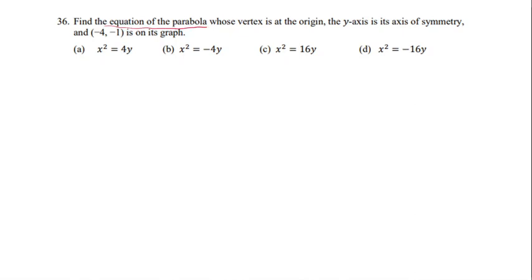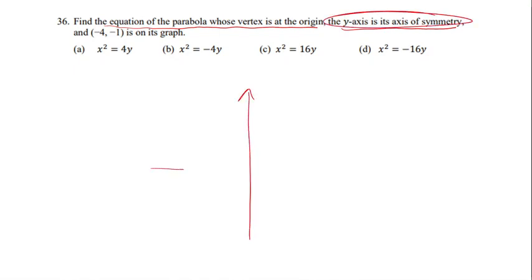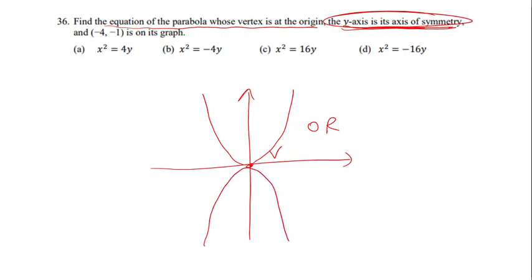Find the equation of the parabola whose vertex is at the origin and the y-axis is the axis of symmetry. If you try to visualize this, we have the vertex here, and the y-axis is the axis of symmetry. So we have this type of parabola or this type of parabola. Maybe I should draw it here.